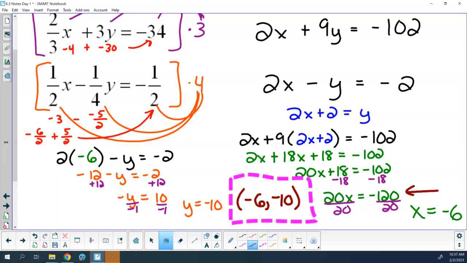Like if you have 0 equals 0 or 17 equals 17, then it's infinite solutions. No variables. If you got a variable, there's a solution. If you get to that step and you've got a false statement, 0 equals 17, then that's the no solution.